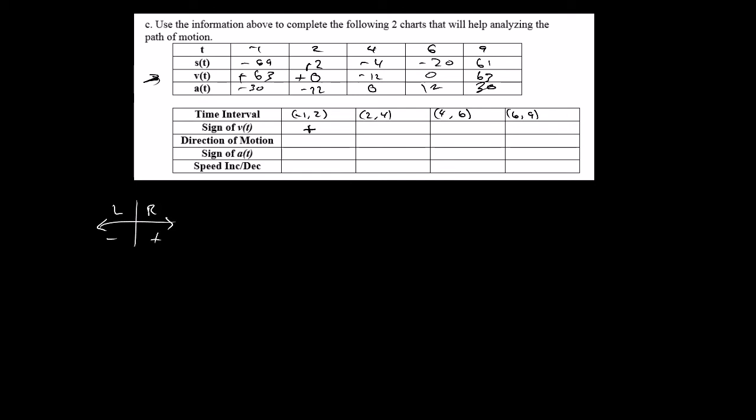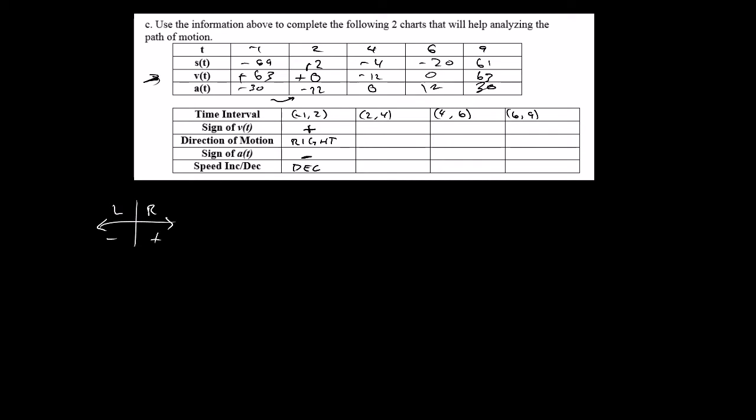And since we're doing rectilinear motion, that's on a line, so we're just going right and left. So the direction of motion is going to go to the right. Now if we look at the sign of our acceleration, well, here we have negative, so that's going to be negative. And if we have positive velocity and negative acceleration, we're going to have decreasing speed.